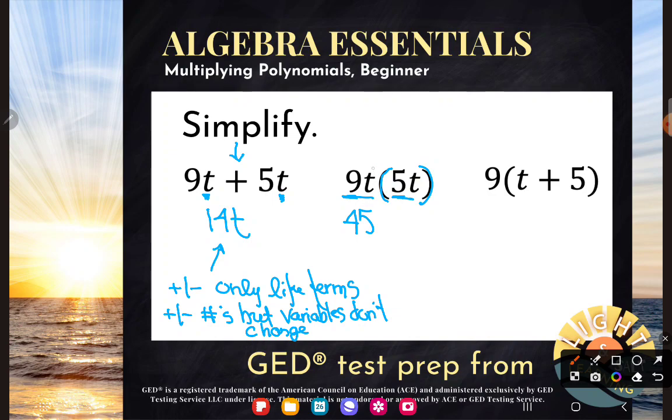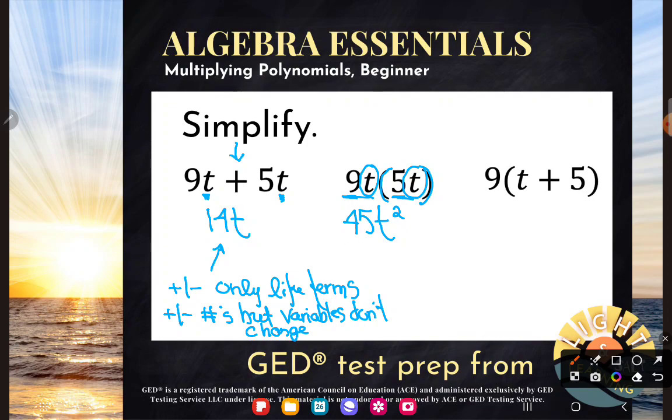But remember, guys, if you have a repeated factor, so you have a number that's multiplying more than once, in this case, t is multiplying more than once. And yes, it's a number. It's a mystery number, but it's a number. So when you have it more than once, that's when you're going to use exponents. So if I have t times t, I'm going to write that as t squared.